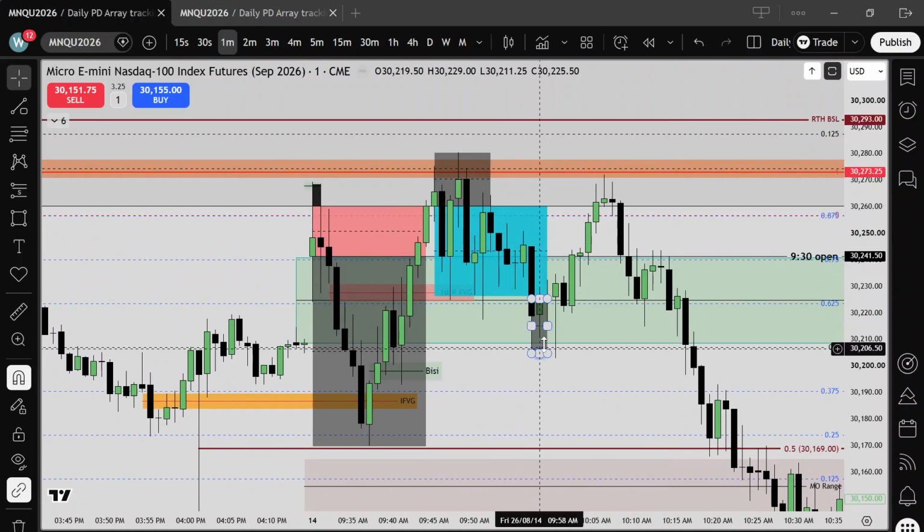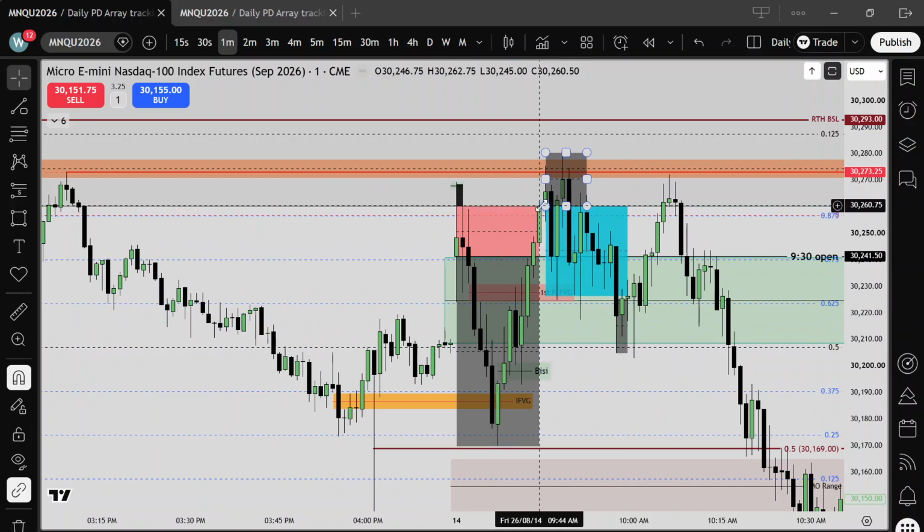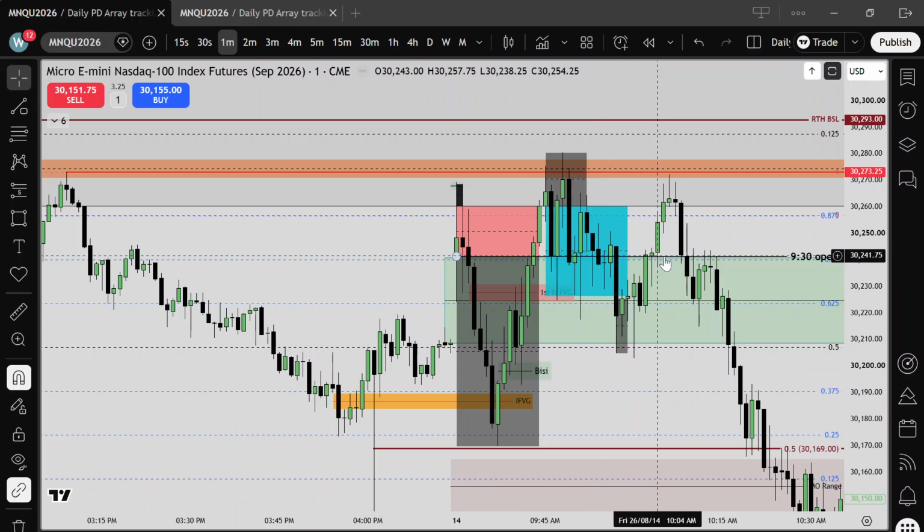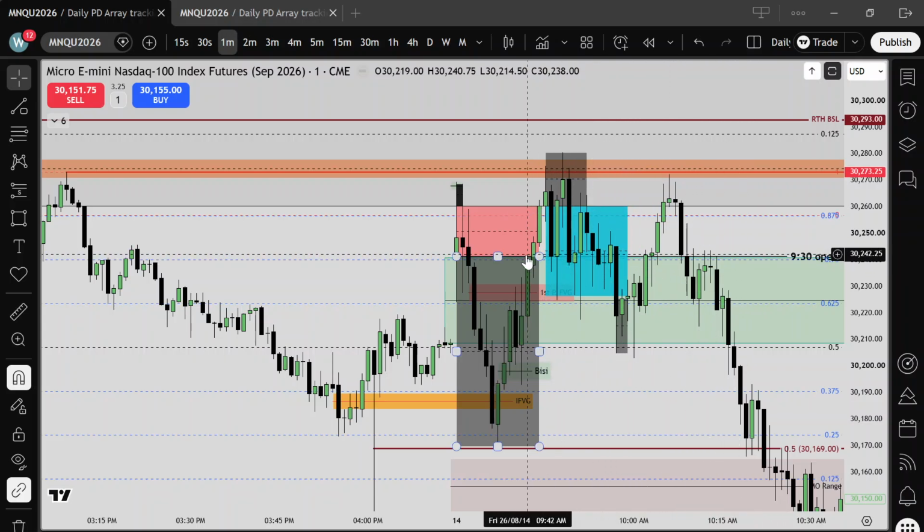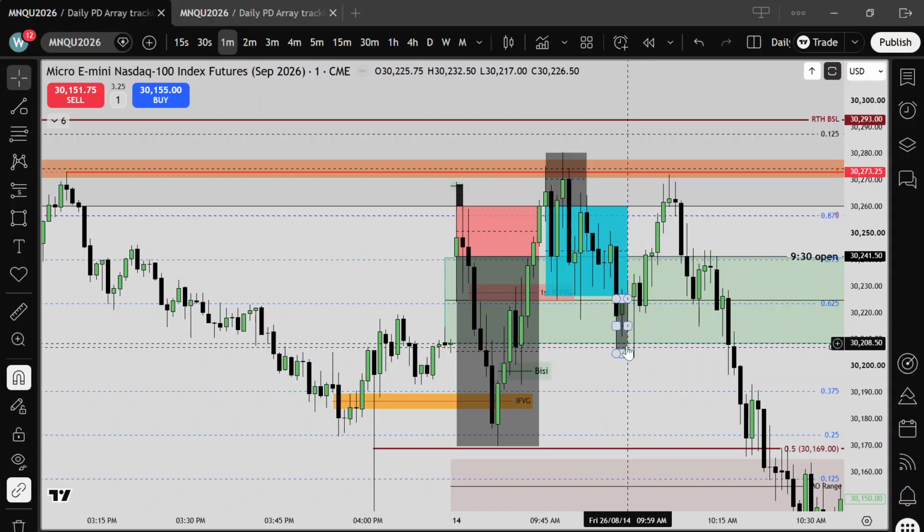And then this is the wick of that candle and closes right here. So what you have is buy side taken, 15-minute body change in the state of delivery right here the minute this candle closes.